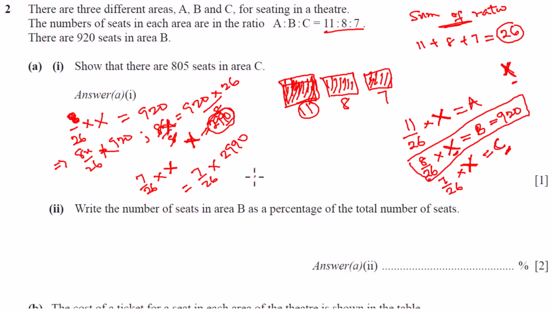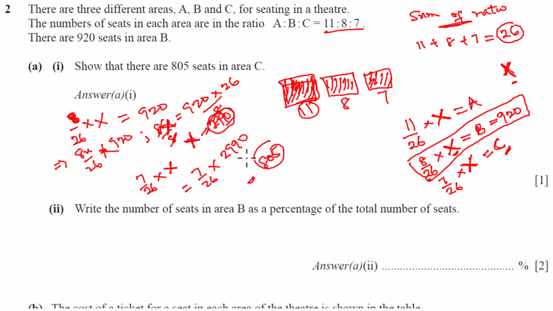Go ahead and solve that. You'll see that that is 805. This is how to prove it. And your work is done for A. Okay, Roman figure 2 of the same question 2A says write the number of seats in area B as a percentage of the total number of seats.